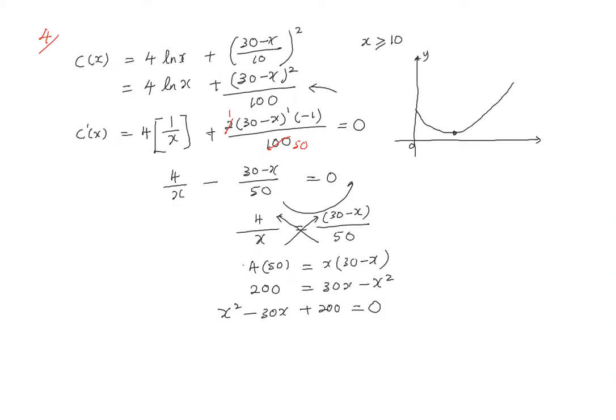So what is the value of X? Can you please tell me? What is the value of X? Use your scientific calculator, quadratic. Yes. So there are two values, X equal to 10 and X equal to 20.